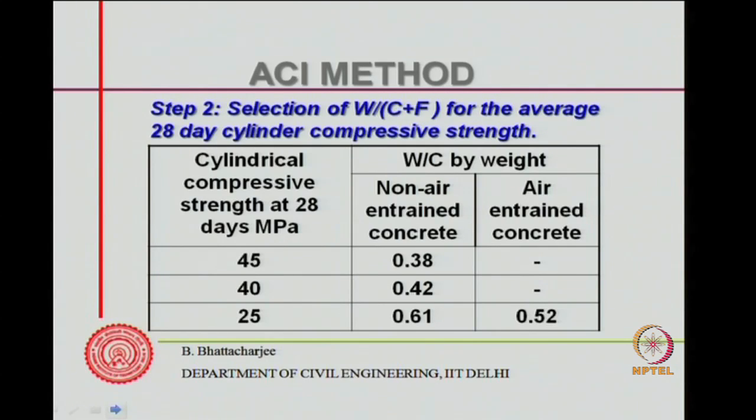We are always talking about 28-day strength only, and age is not varying. So, we were talking of target mean strength. Now, here the average strength represents something similar, and corresponding water cement ratio you can determine.